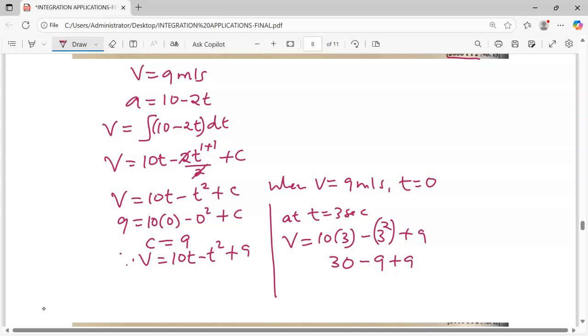Minus 9 plus 9 gives 0, and therefore 30 minus 0 gives 30 meters per second as the velocity of the particle at t equals 3 seconds.